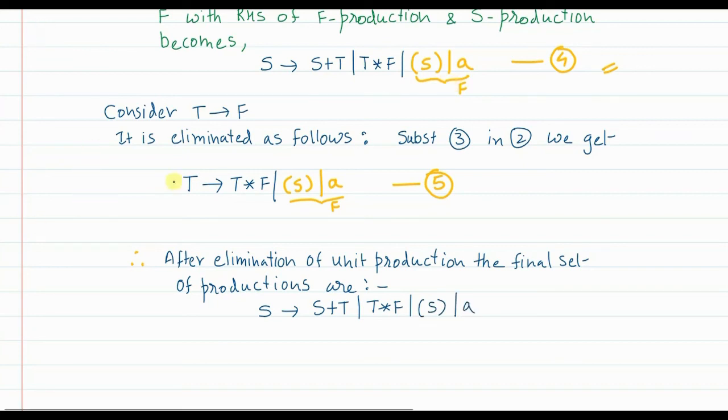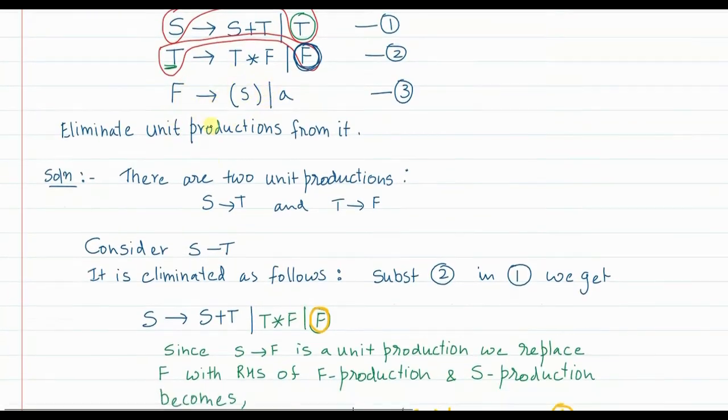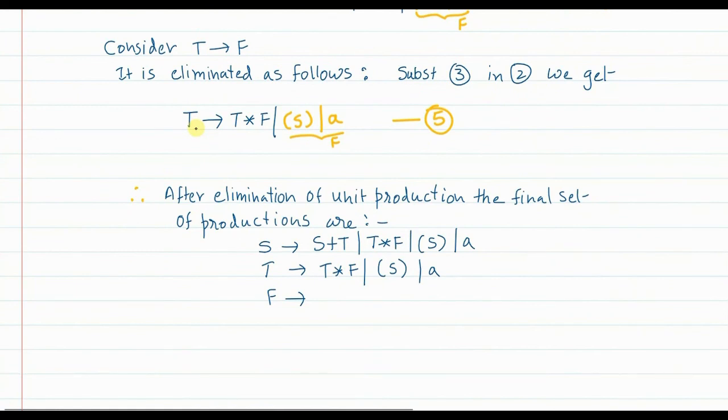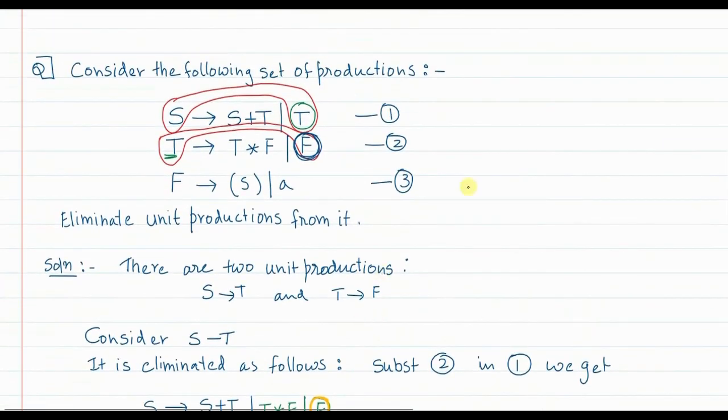The second production will be T gives T into F, bracket S, close the bracket, slash A. And F production, since it does not originally contain any unit production, it will be written as it is: F gives bracket S, close the bracket, slash A. So this is how unit productions are eliminated from the given grammar. Thank you.